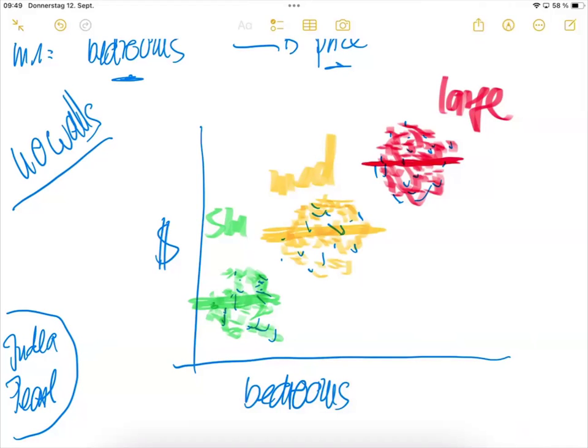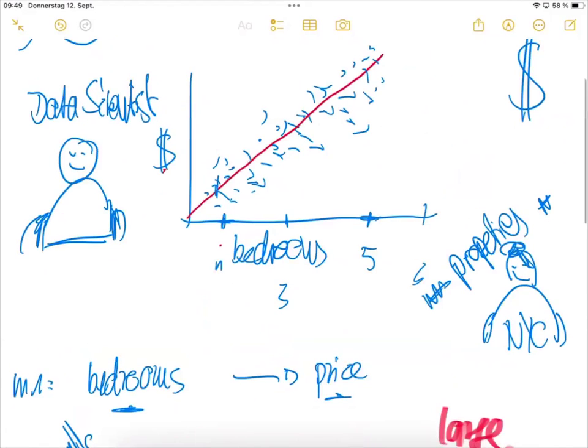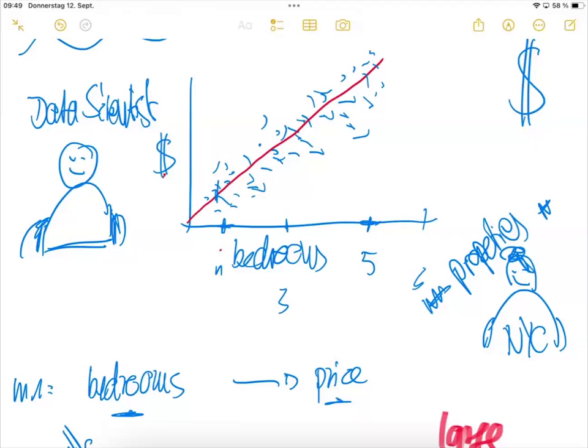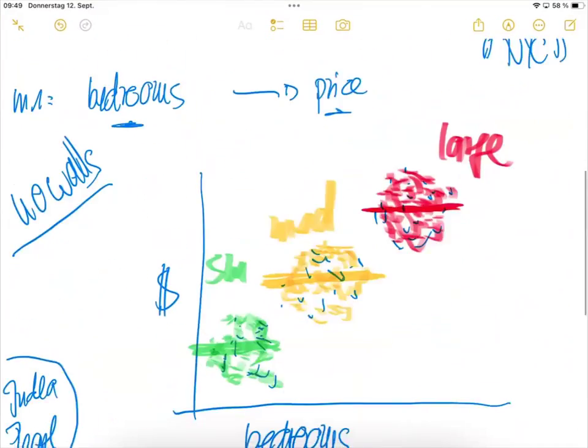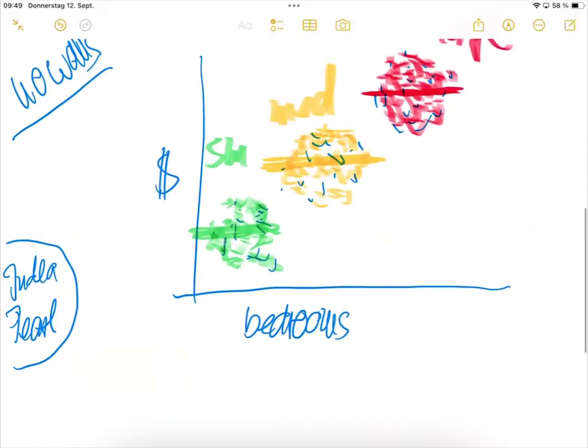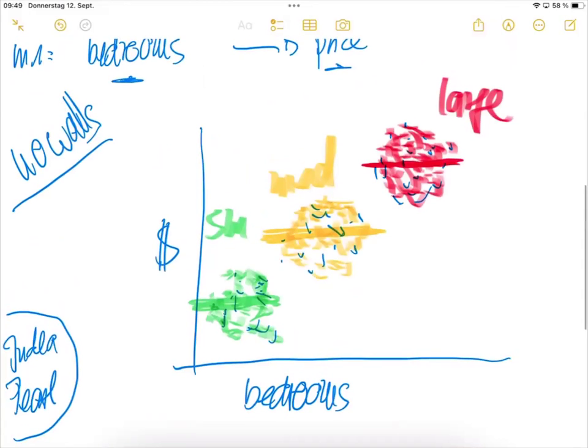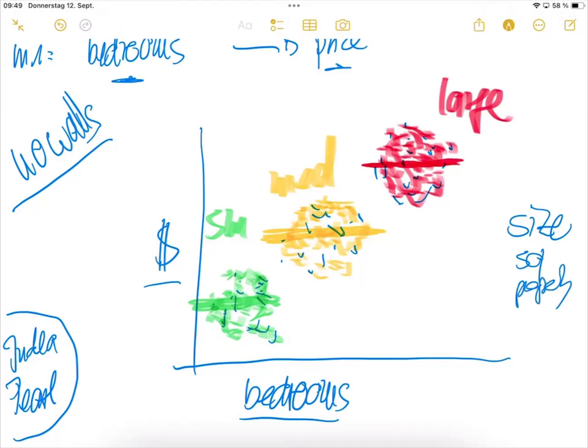Okay, so we now have two models. Here model 1 is a bivariate model, and model 2 is a model with three variables: again bedrooms and price, but also a third variable, the size of the property in, say, American square feet.